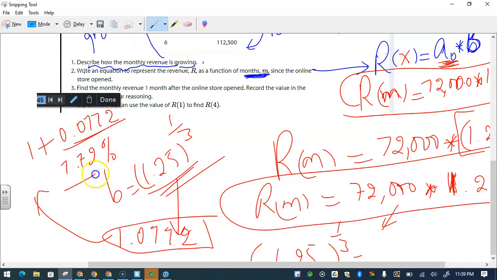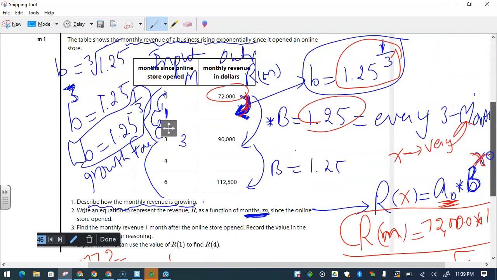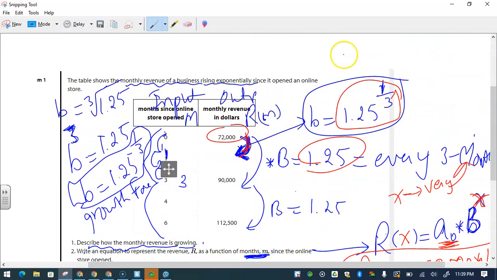So every month is 7.72%. And if you want every 3 months, that was 25%. If you remember that, we've seen that.